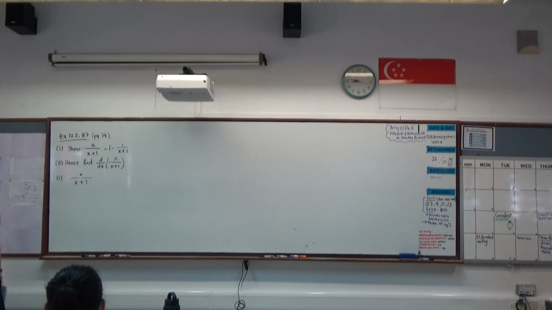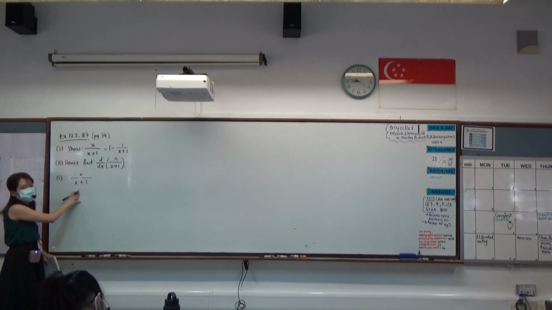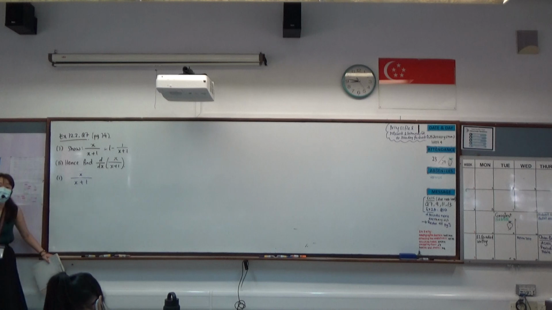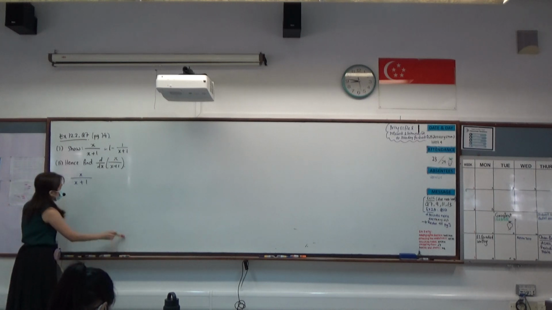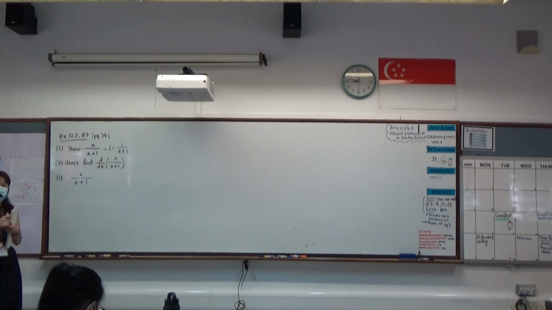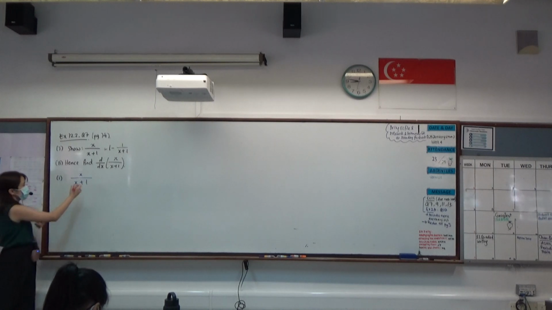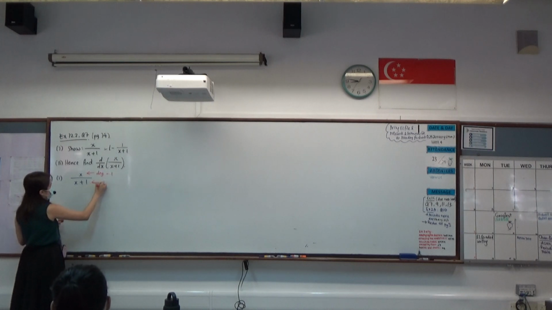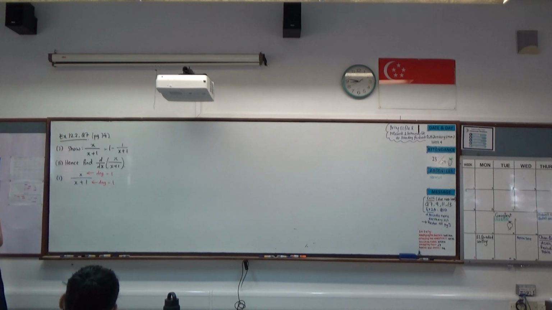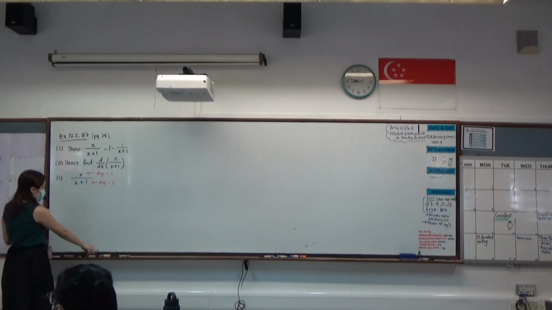Partial fractions, okay? It is our partial fraction format. So in case you have forgotten how to do partial fractions, we notice that in the numerator and the denominator, the degree of the polynomial are both 1. So because the degree is the same, in order to do our partial fractions, we have to do our long division first.